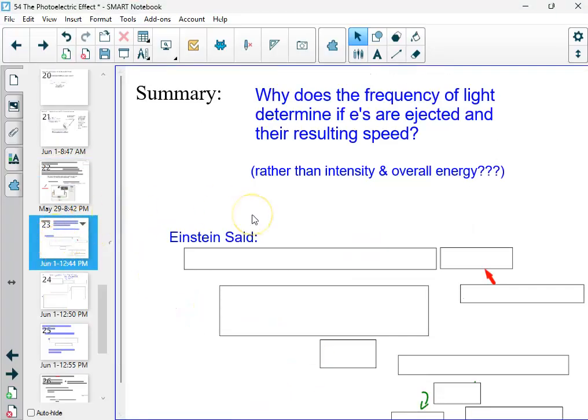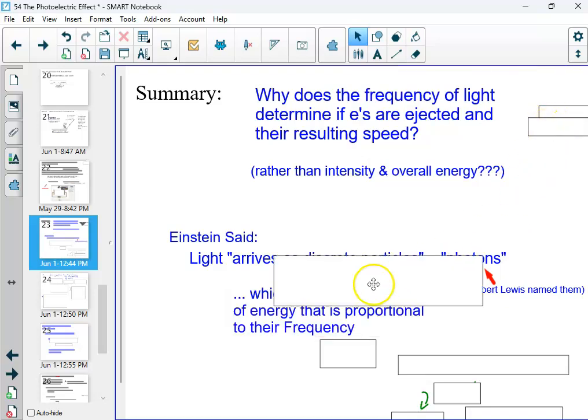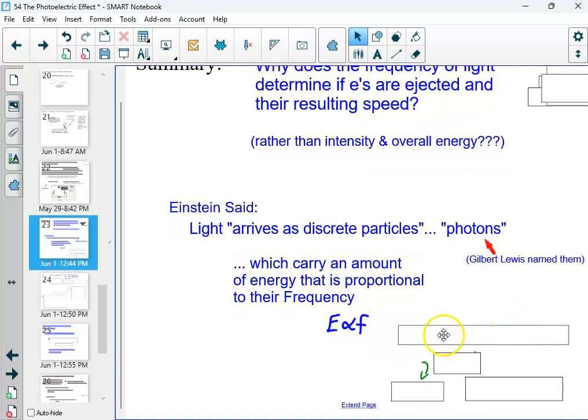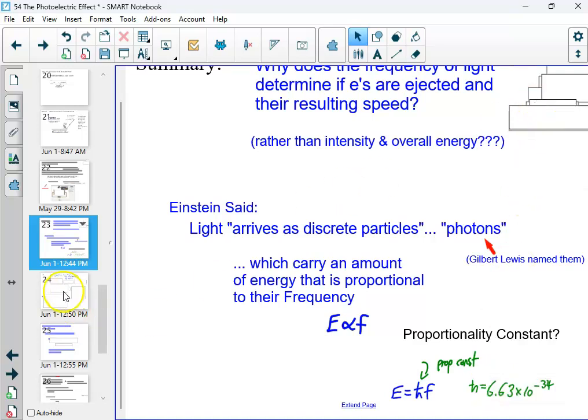So the summary: what is the frequency of light? Why does the frequency of light determine if the electrons are ejected and the resulting speed rather than the overall intensity? Well, Einstein said light is particles. Light arrives as particles. That'll come into play later on, but it's photons, right? And they carry a certain amount of energy that's proportional to the frequency, and so the photons have to have enough energy to eject the electrons.